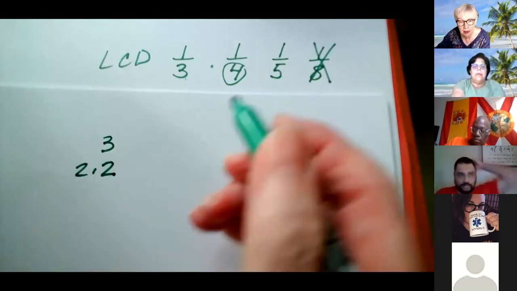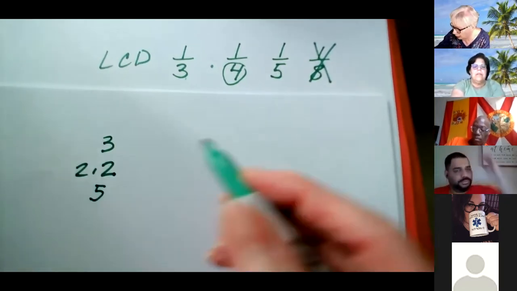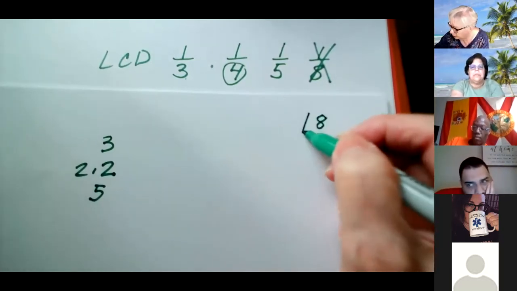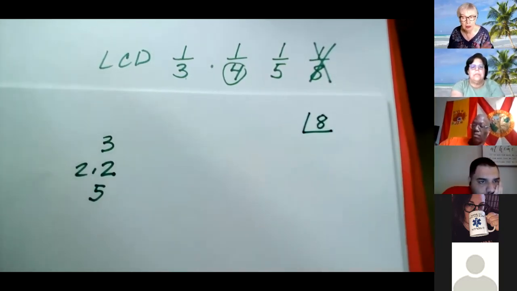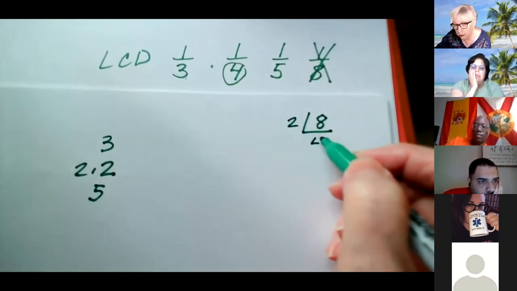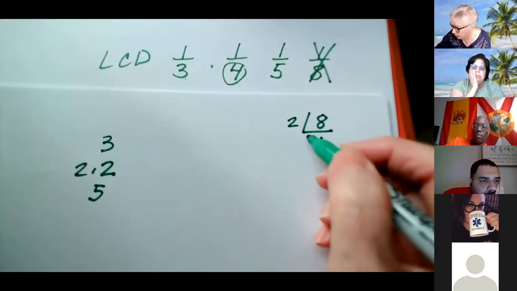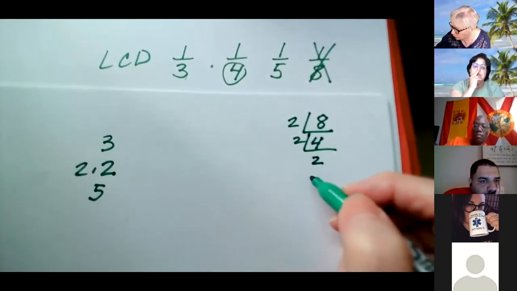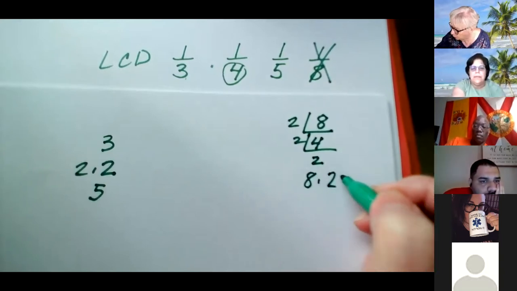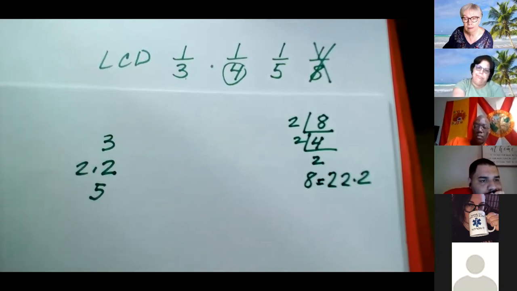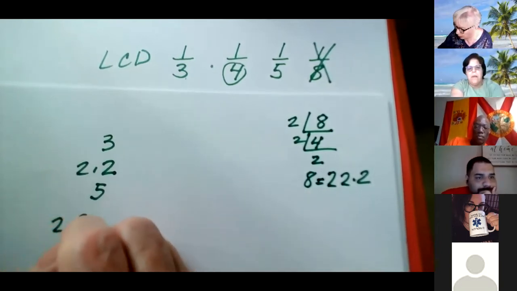The prime factors of 5 were 5. And now I've got to do 8. Some people like the tree. I like the division, but 2 goes into 8 4 times, and 2 goes into 4 twice. So 8 is really 2, 2, 2. 2 times 2 is 4, times 2 is 8. That's 8. A 2, a 2, and a 2.